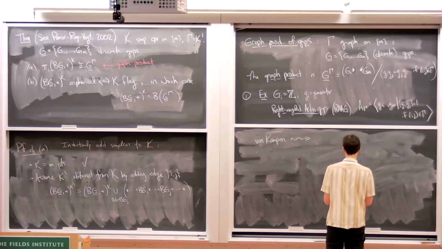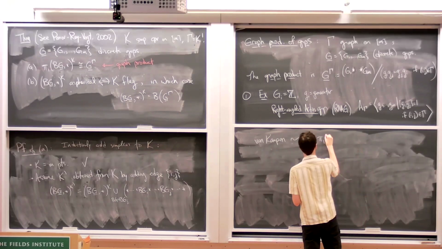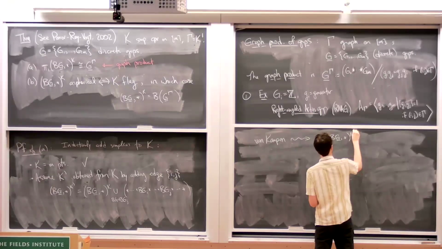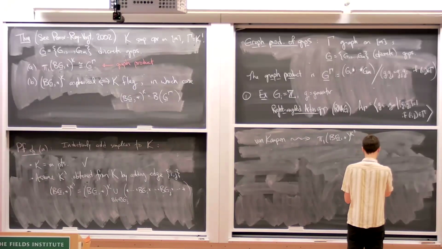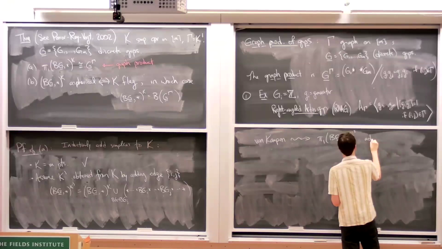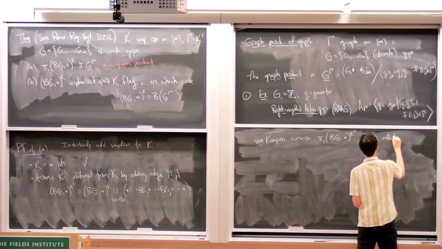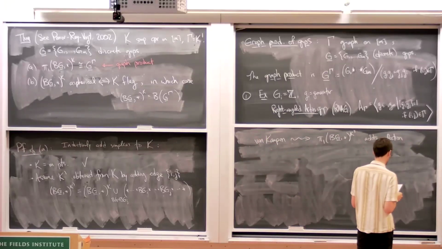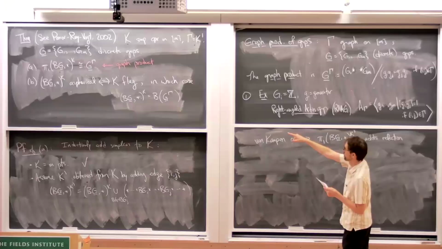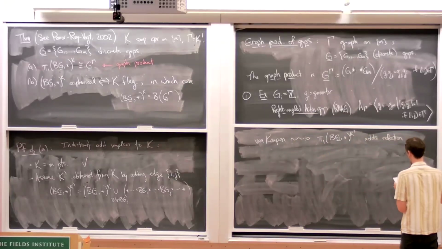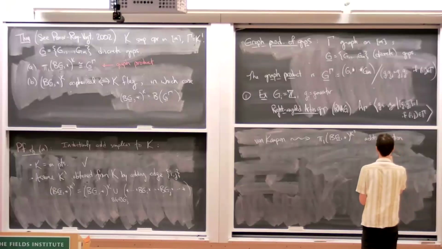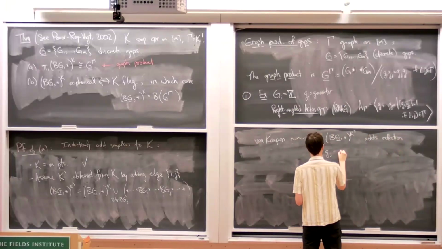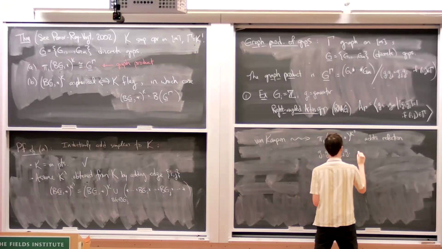The Van Kampen theorem leads to pi 1 of this new polyhedral product, K prime. It's just what you had before, but you add a relation coming from this new edge. So I guess you have to actually look at the relevant pushout here in the Van Kampen theorem, and you can just compute that you've got this new relation g_i g_j equals g_j g_i.